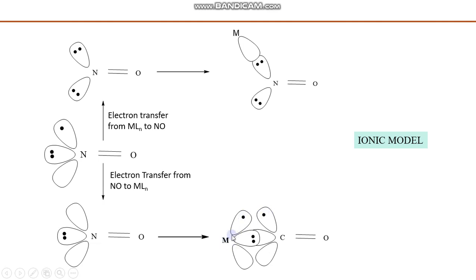In ionic bond, this will be more appropriate if you put this electron in this orbital. So here we will have two electrons, and here we will have one electron. I'm sorry for this, this is not carbon, rather this is nitrogen. So this is positively charged lobe and this is negatively charged lobe. It means this is electron rich lobe and this is electron deficient lobe, or empty orbital and filled orbital.